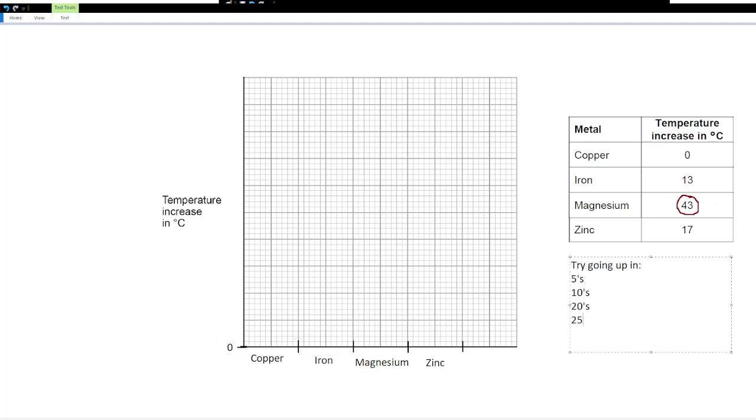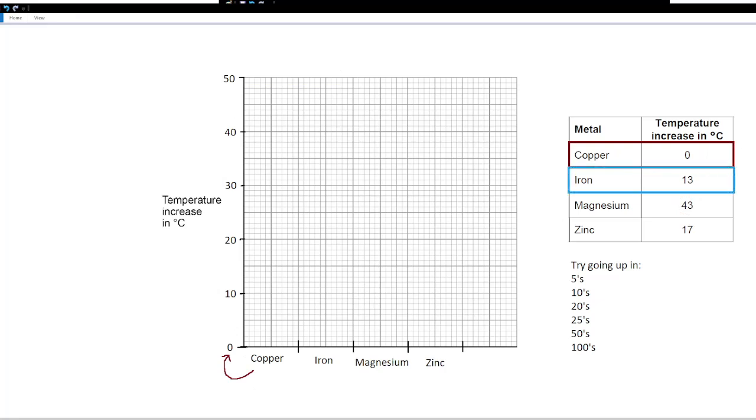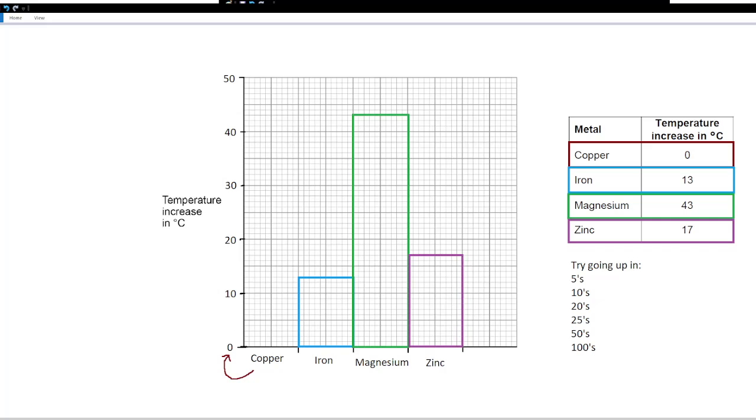I'm going to try going up in 5 first, so we have 5, 10, 15, 20, 25. It doesn't go up to 43, so now I'll try 10. So 10, 20, 30, 40, 50. It fits nicely. Now if 10 didn't work, I would try 20, maybe 25, 50, 100. So now it's just a matter of plotting the data, which is really simple.